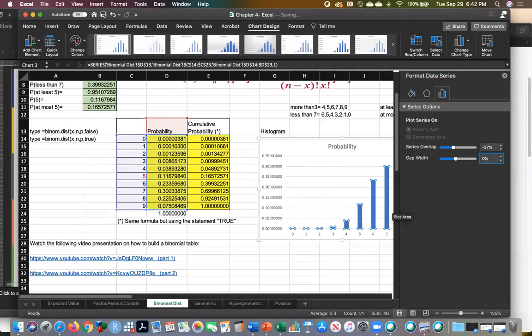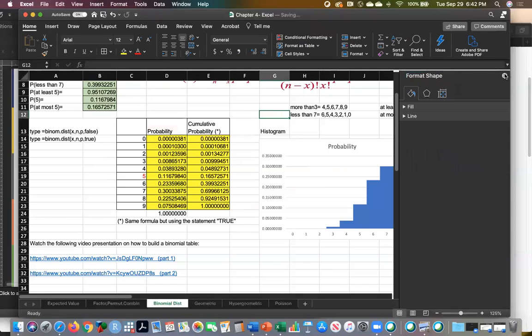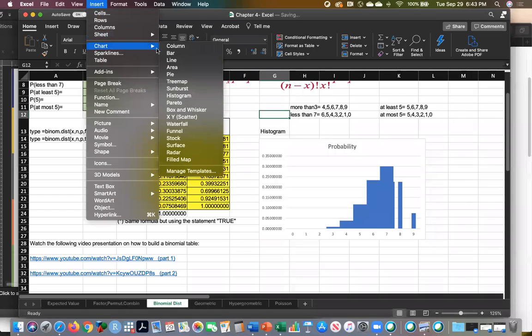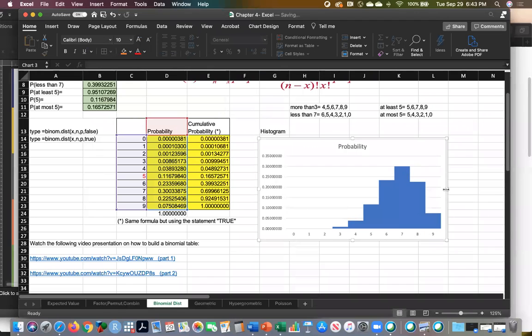As I mentioned before, don't use the histogram that comes with this. If you see here under insert, you have a histogram. That doesn't help too much. And I don't know what happened with this graph. I guess it's broken. Now it's not broken. So as we can see, this is my distribution based on the probability distribution.